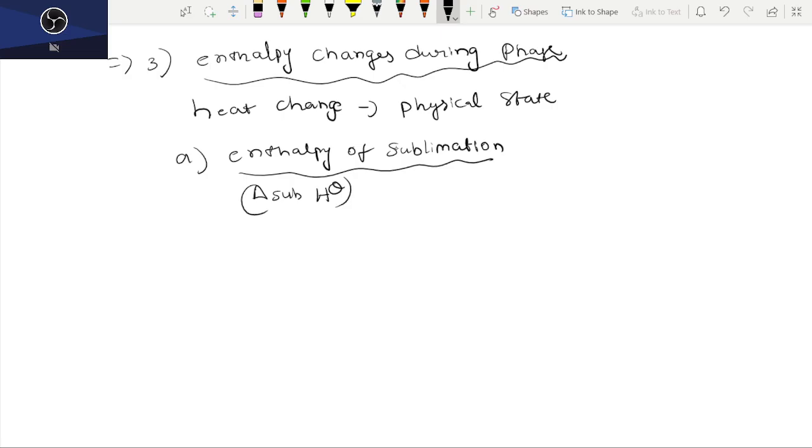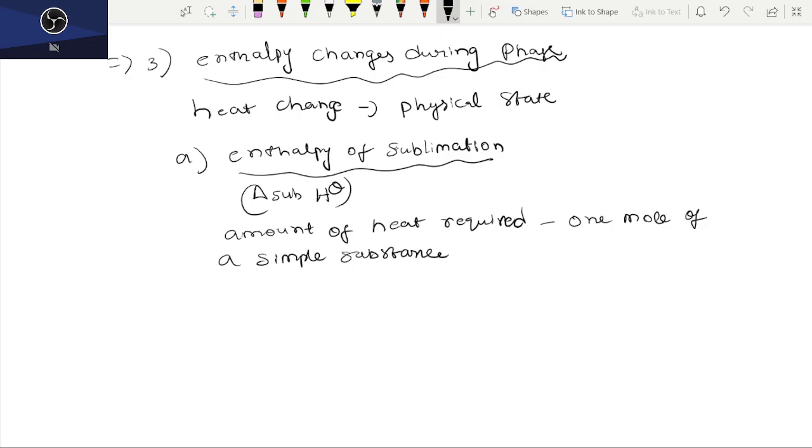So what is enthalpy of sublimation? It is the amount of heat that is going to be required to convert 1 mole of a simple substance from the solid state to the gaseous state, and it is called the enthalpy of sublimation at 1 bar pressure.